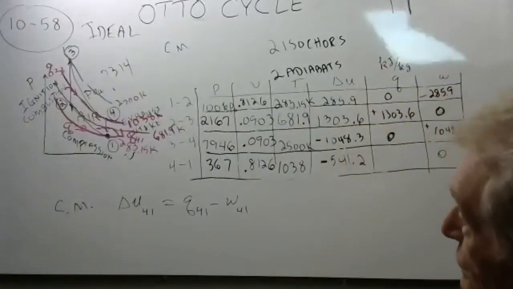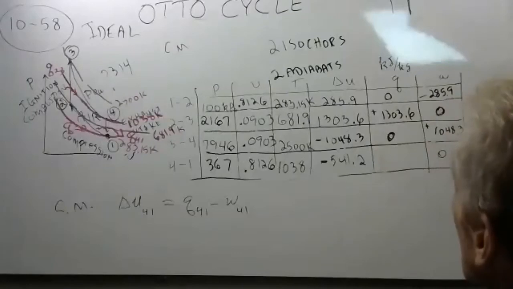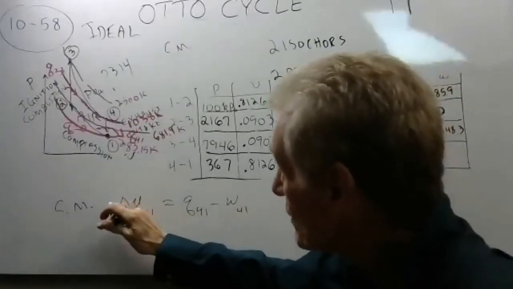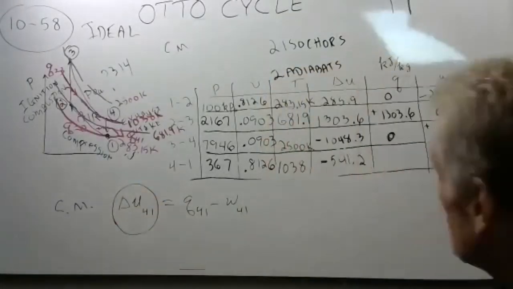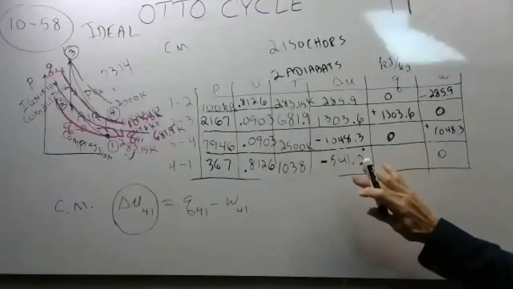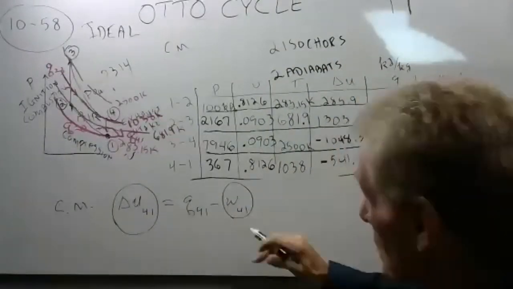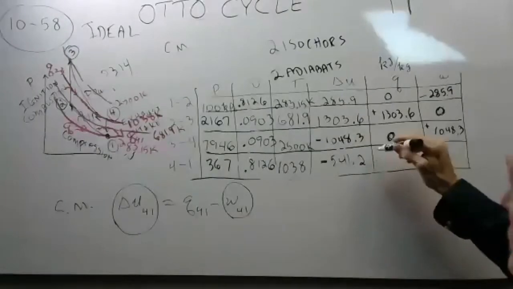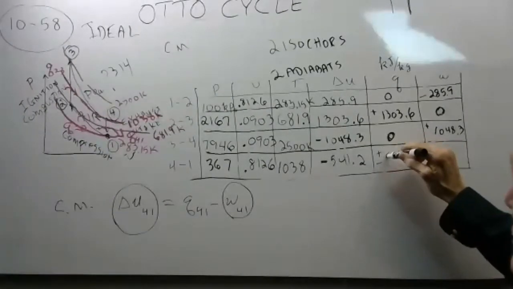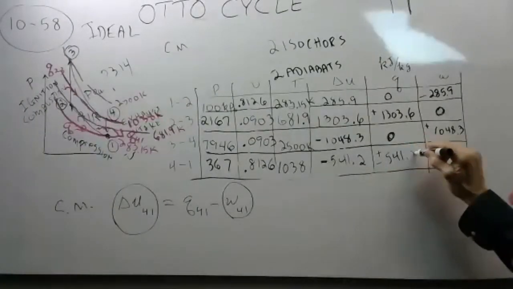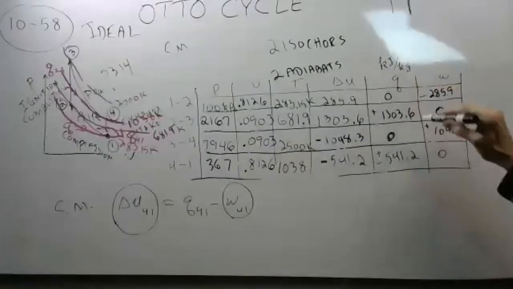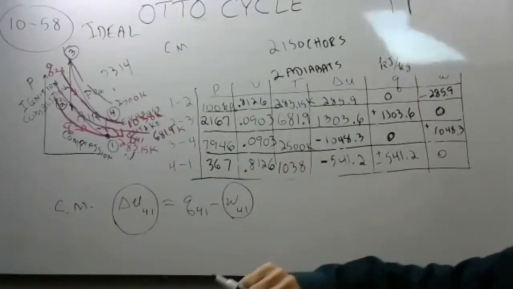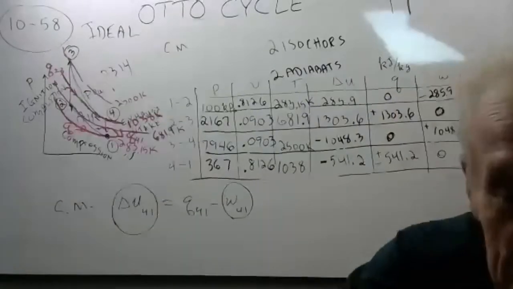All right. Hey, look at here. We don't know what that is, but we know what that is. And so this is going to be plus or minus 541.2 kilojoules per kilogram.